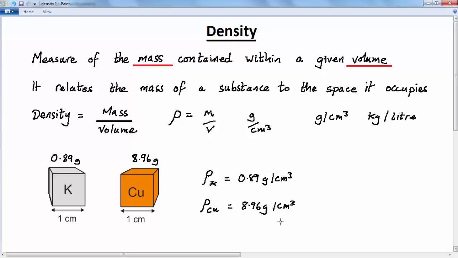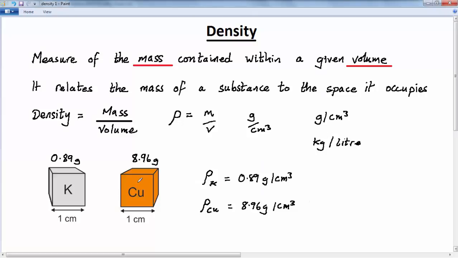So what these figures tell us is this, that when we say that the density of copper is 10 times greater than the density of potassium, for example, then we're saying that 1 cubic centimetre of copper has 10 times more matter packed into it than 1 cubic centimetre of potassium.